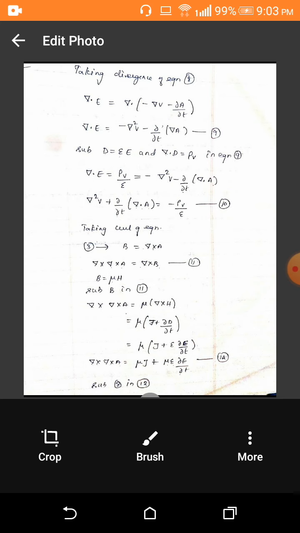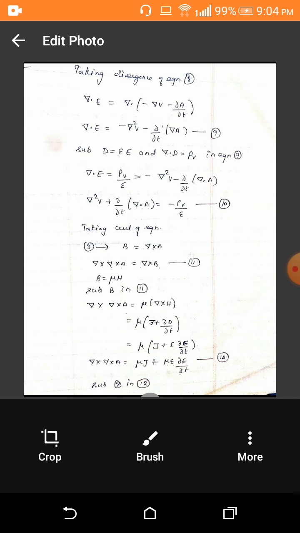Therefore, rearranging it, we get del square V plus dou by dou t of del dot A is equal to minus rho V by epsilon.